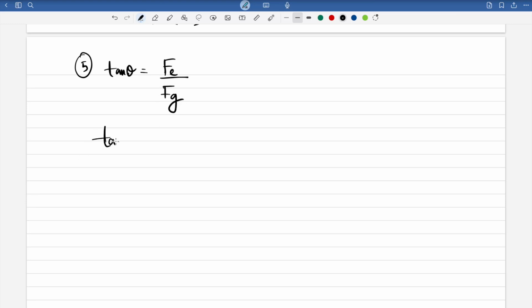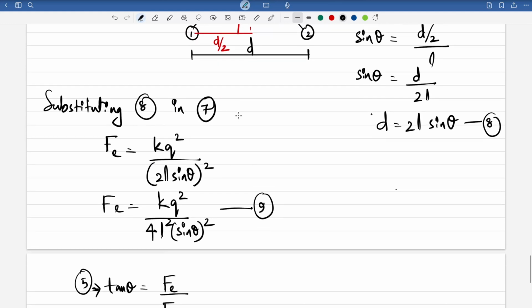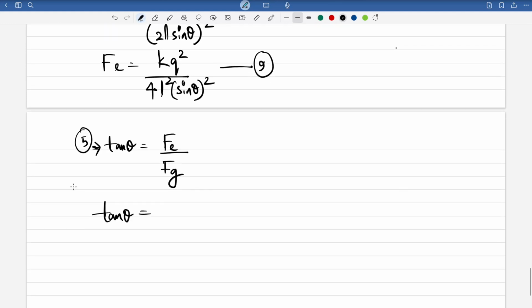I'm going to substitute equation number 9 and equation number 6 in equation number 5. So tan theta equals, what is Fe? Kq square over 4L square sine square theta.